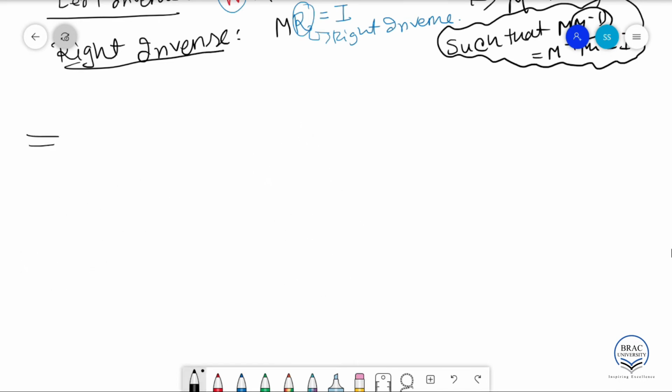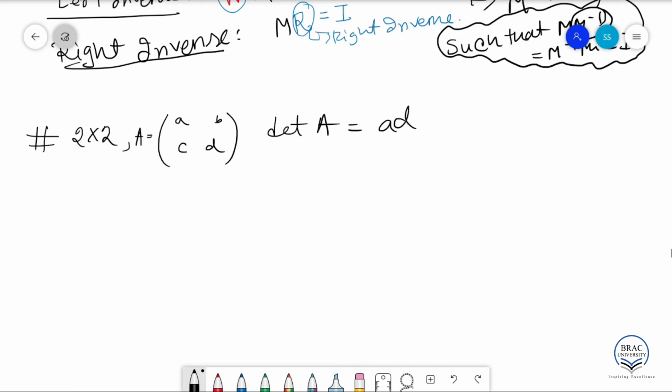So let's take a general 2 by 2 matrix first, because working with it is very easy. We want to calculate the inverse. Let's denote it with a, b, c, d. You can see that the determinant of A is ad minus bc.